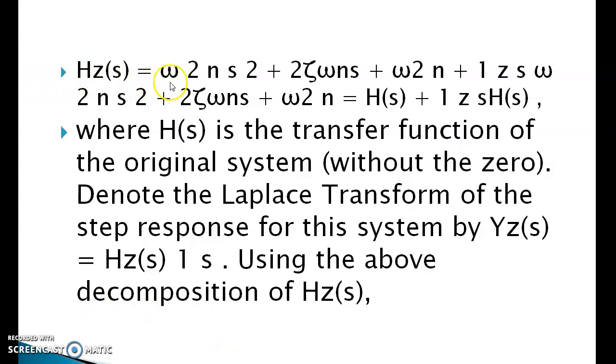Hz(s) = omega_n^2 / (s^2 + 2 zeta omega_n s + omega_n^2) + (1/z)s omega_n^2 / (s^2 + 2 zeta omega_n s + omega_n^2), which is equal to H(s) + (1/z)sH(s), where H(s) is the transfer function of the original system without the zero. Denote the Laplace transform of the step response for this system by Yz(s) = Hz(s)(1/s).